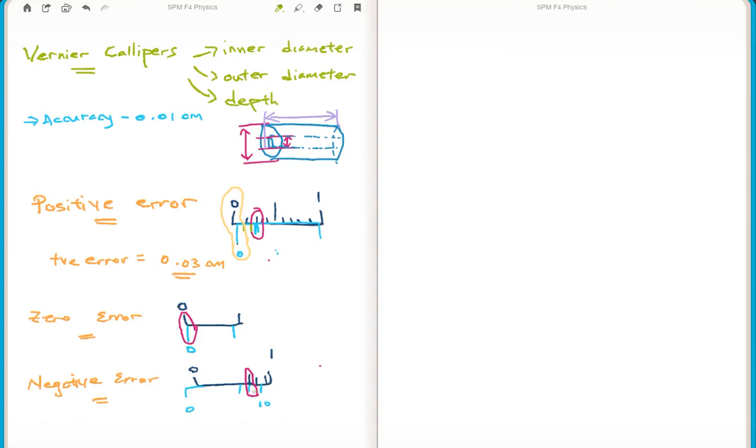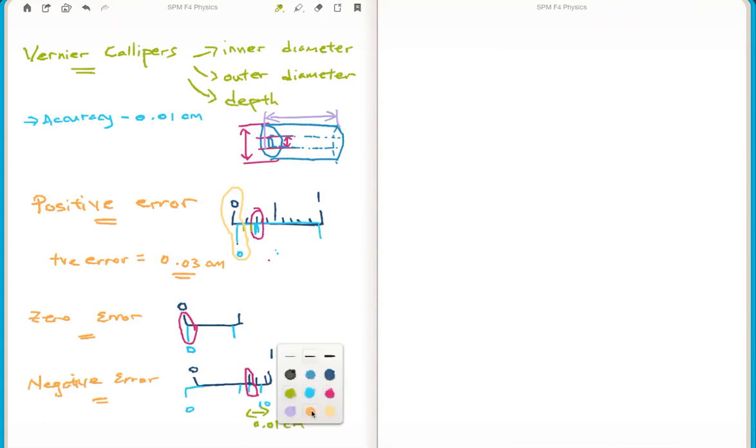Before we go to 10, so 1 raised to 10 is 1, right? Here to here is 1 notch in the Vernier scale. So here to here is 0.01 centimeter.